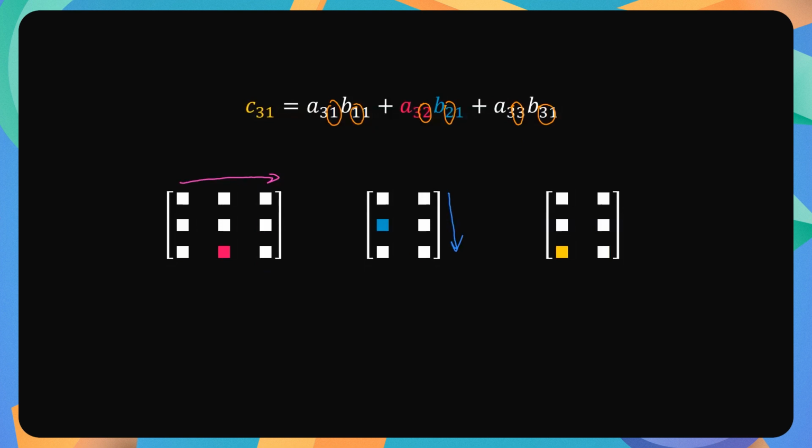That is another thing that you should take note of when you're doing matrix multiplication. You need to ensure that the column number of the element in the first matrix multiplied by the row of the element in the second matrix have to be equal.